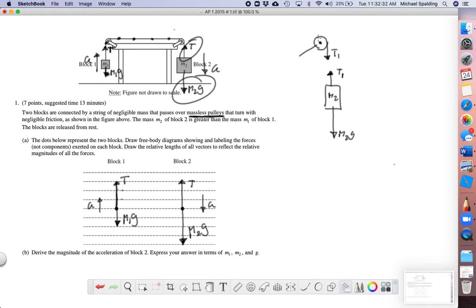And then on this side we would have tension 2, and these two tensions would not be the same if the pulley had mass and therefore rotational inertia. But for this problem, it's a massless pulley. Okay, so let's erase this.